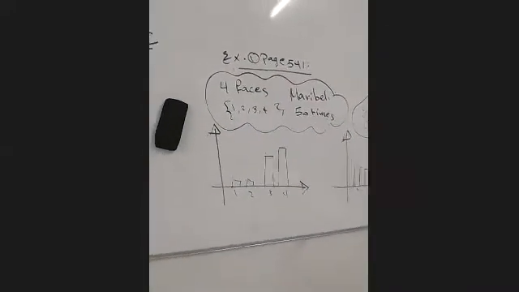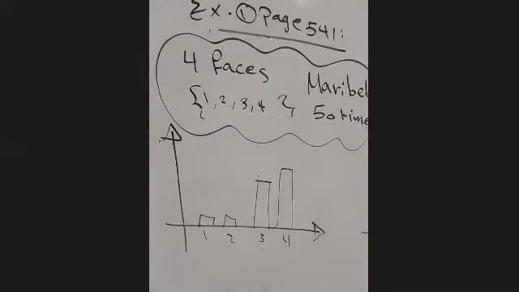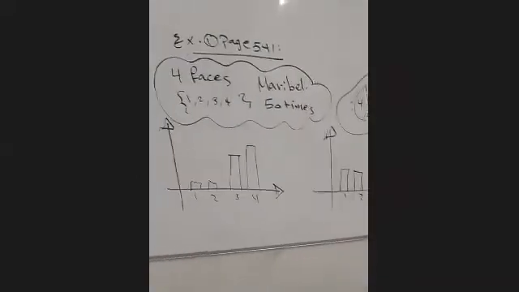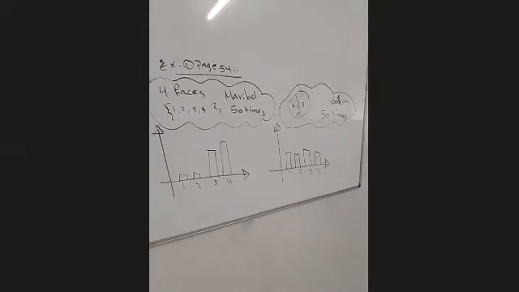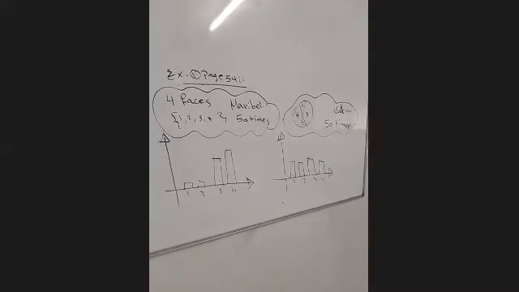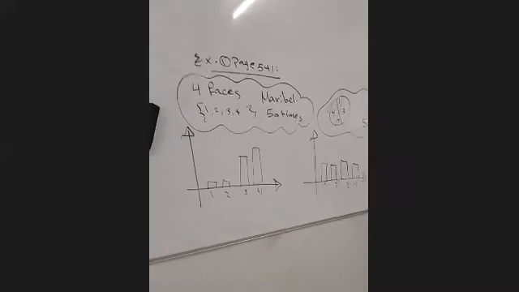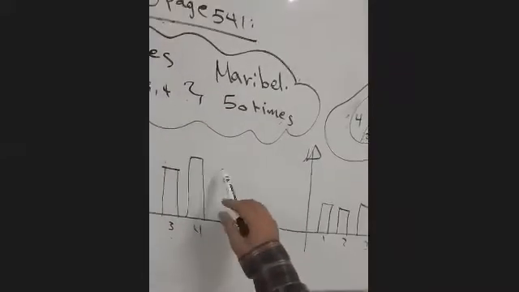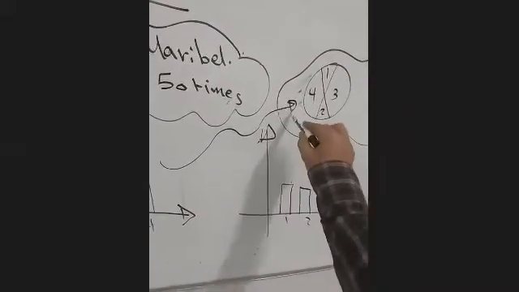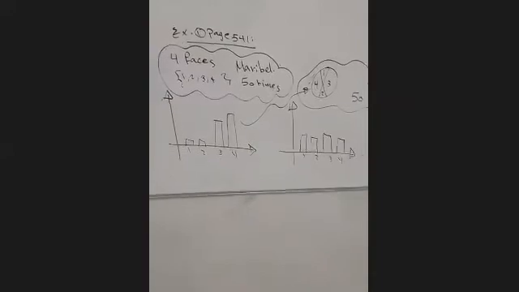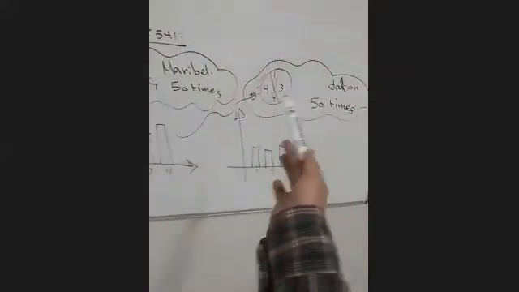Yes, because in the spinner, the 3 and 4 have a greater chance, and the chart for student one says that 3 and 4 are more than 1 and 2. Good. 3 and 4 have the biggest chance to happen.